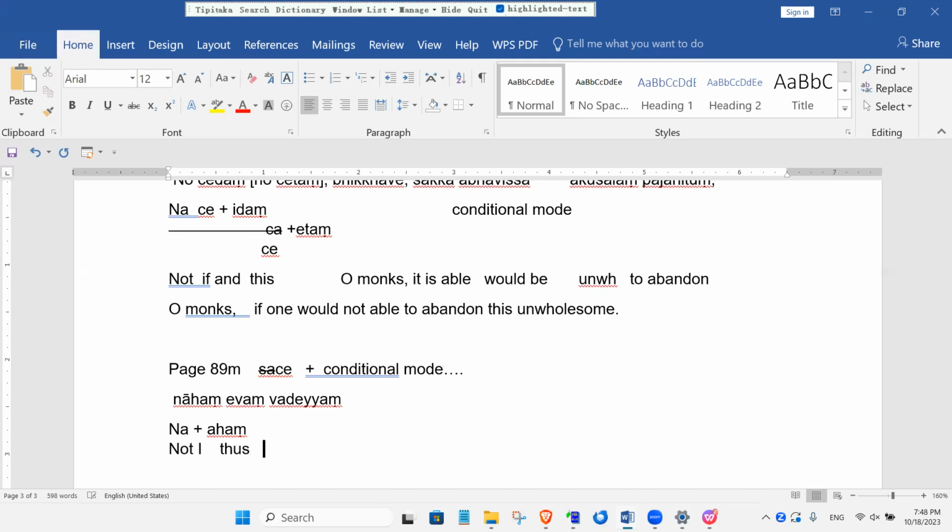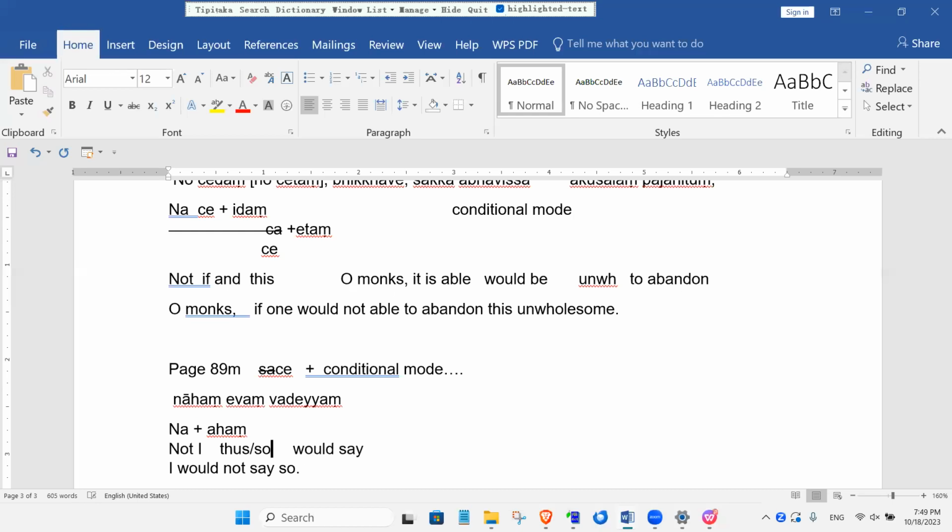If one would not, should say, okay? Or maybe optative, should say. I should not, would not. Put the word. I would not say thus or say so.